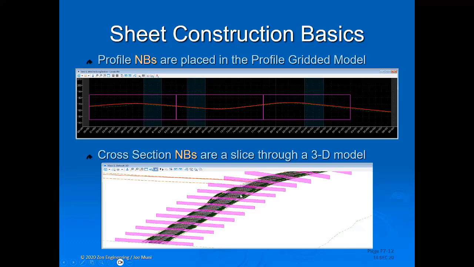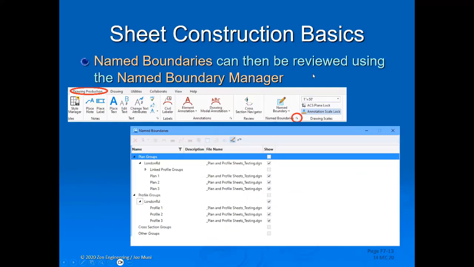Okay. Name boundaries, once they are placed into the CAD file, you can open what's known as the name boundary manager and take a look at all the different name boundaries that you created in that drawing or in that DGN file. Okay. So you'll see them all listed there.